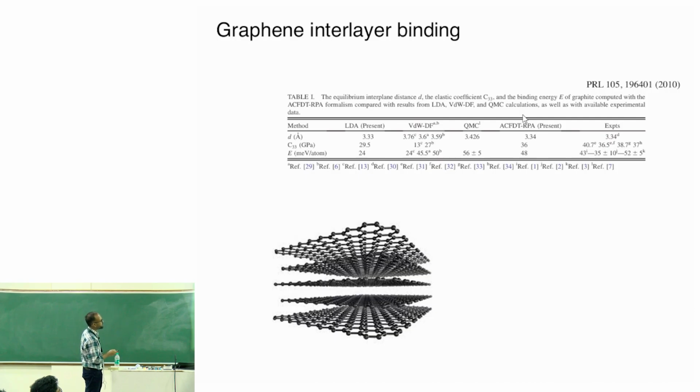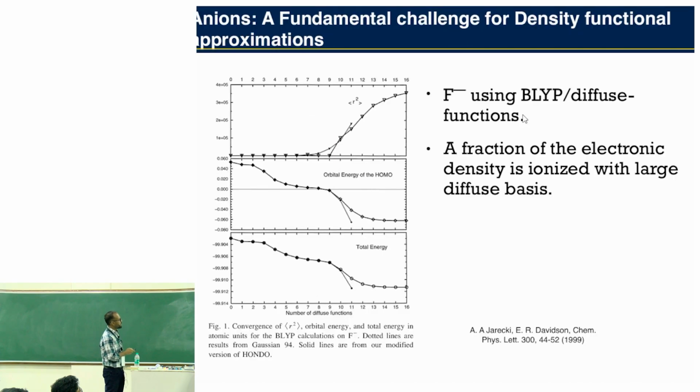This 48 meV, I think, is very close to the experimental value. So this was one of the successes in condensed matter for random phase approximation, showing this binding energy to be correct.